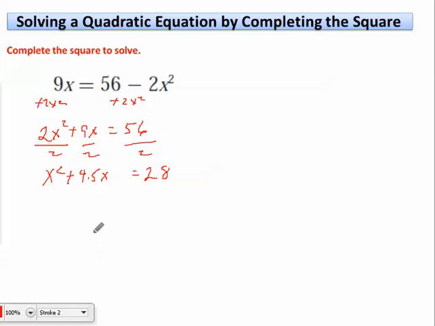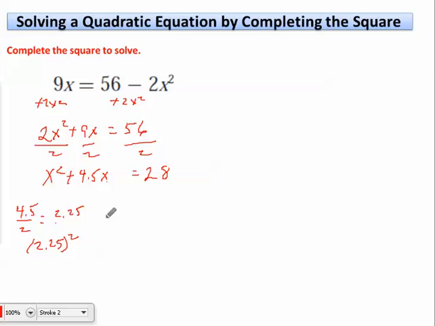Okay? Well, I can complete the square. How can I complete the square? I'm going to take 4.5 over 2, right? And that's going to be equal to 2.25. And I'm going to square that. 2.25 squared.